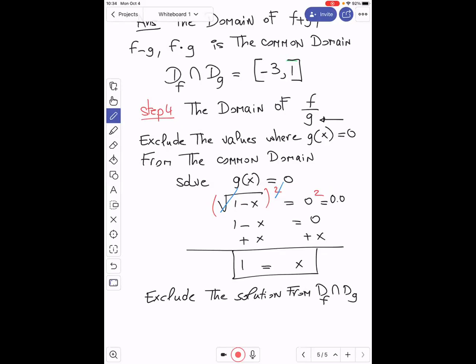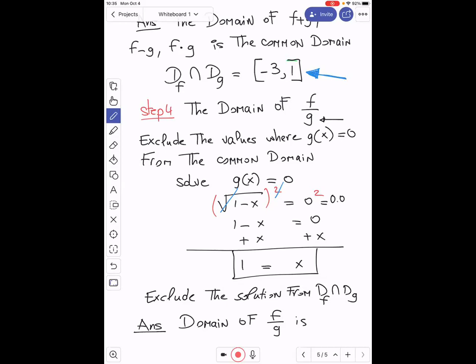So then the answer for the domain of f over g: as you can see, guys, this interval -3 to positive 1 is your intersection or common domain.